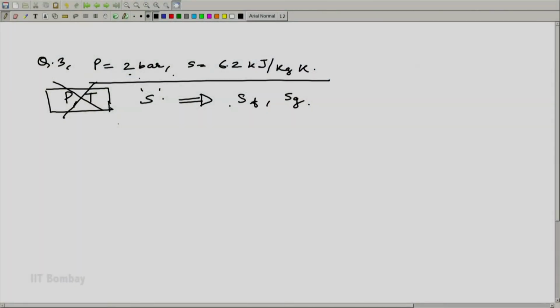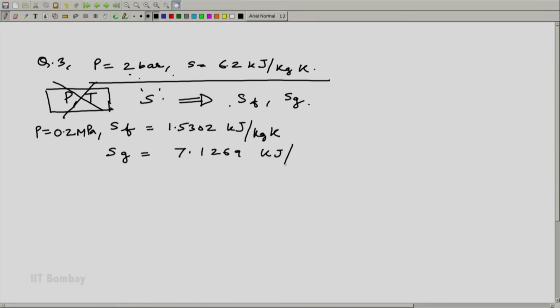So let us come back to the calculations now and compare the S value with SF and SG. What we have found: SF for P is equal to 0.2 MPa is 1.5302 kilojoule per kg Kelvin, and SG is 7.1269 kilojoule per kg Kelvin.